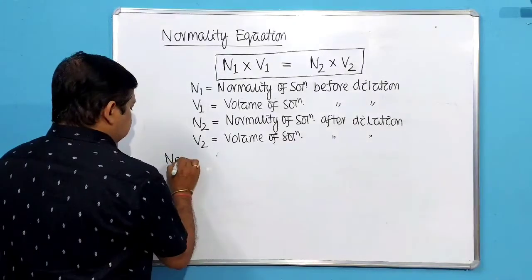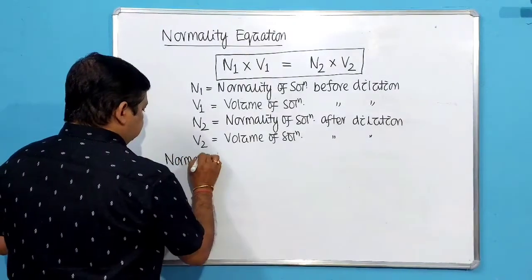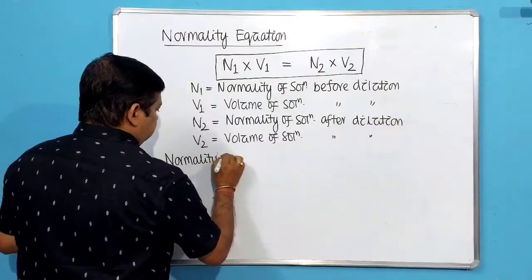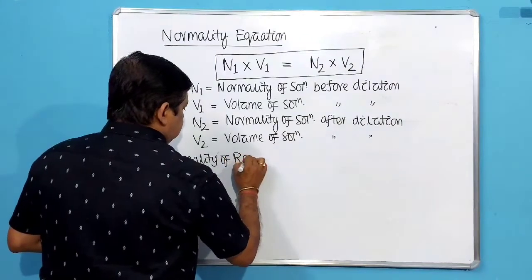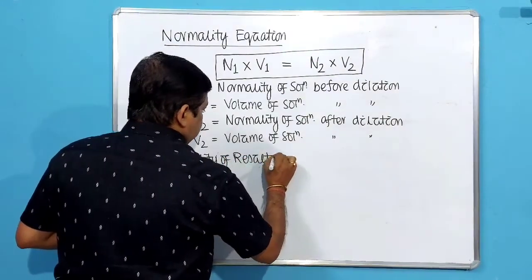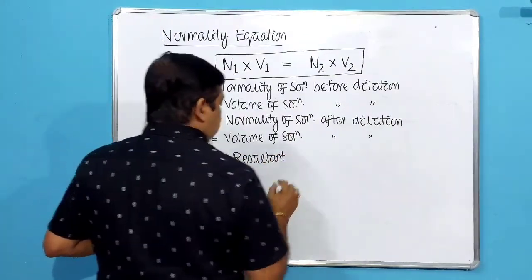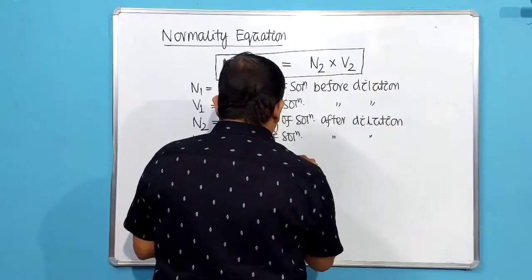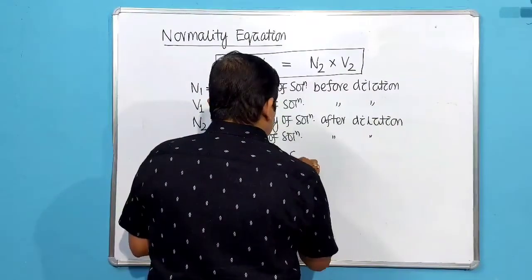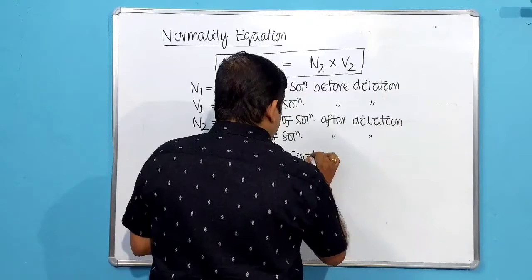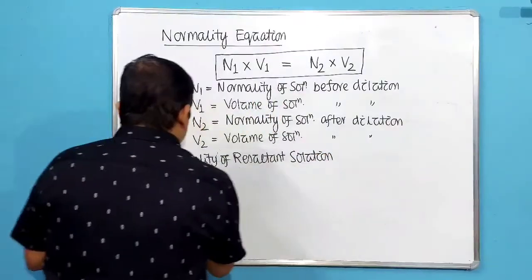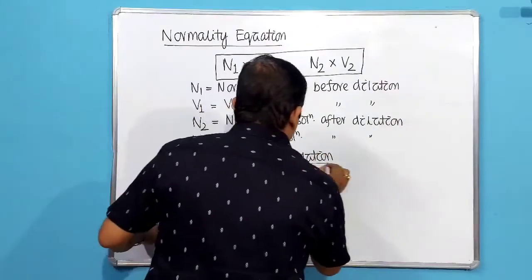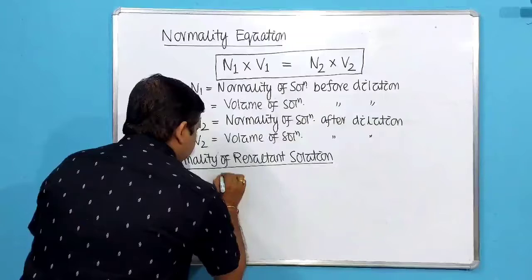Then normality of resultant solution. So when two or more different solutions of different normalities of the same solute are added, then how to find out the normality of the resultant solution?